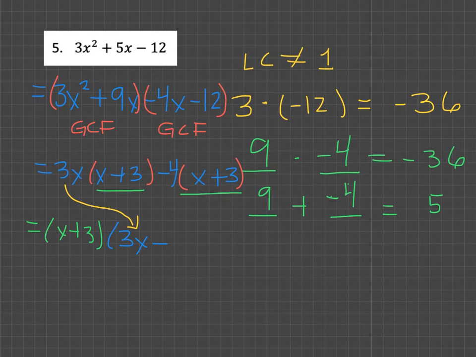So we want to make sure we include that negative. So that negative 4 just comes from right there. All right, so this is our final factored polynomial, x plus 3 times 3x minus 4.